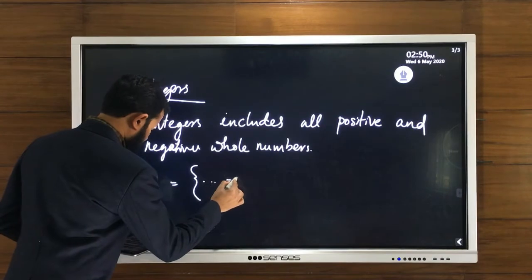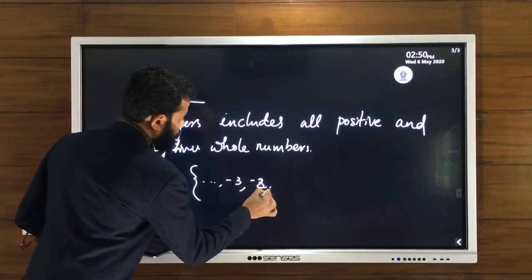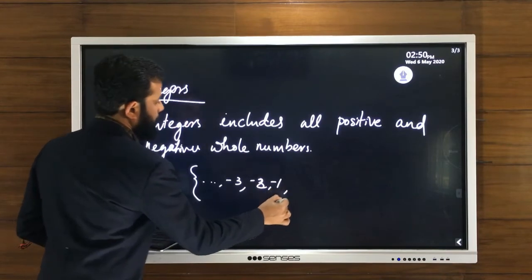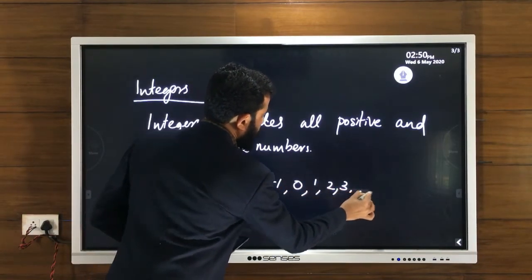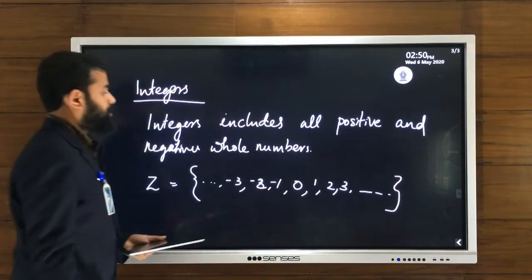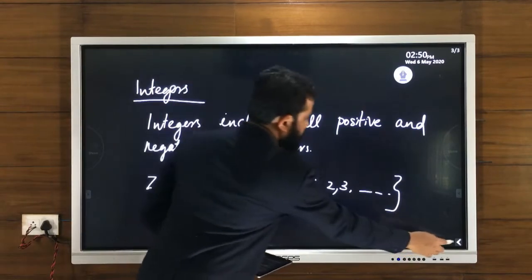So, we can write minus 3, minus 2, minus 1, 0, 1, 2, 3 etc. So, this is integers.